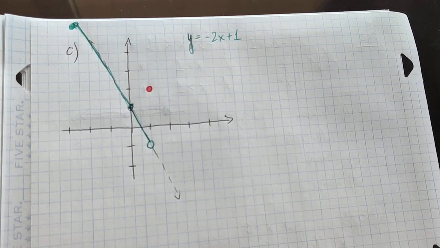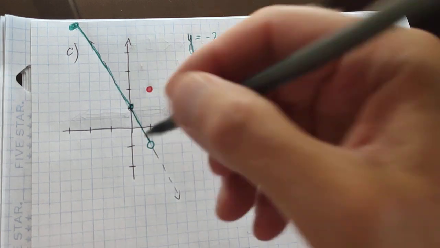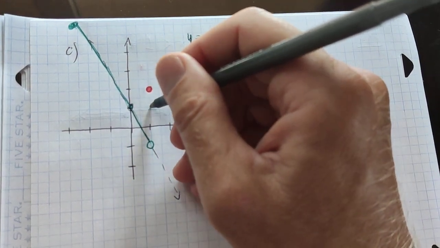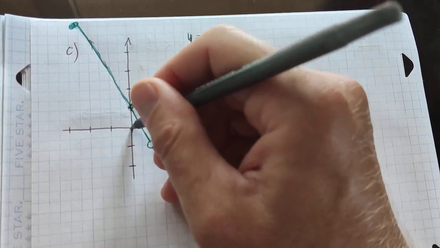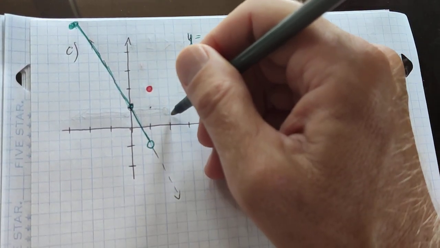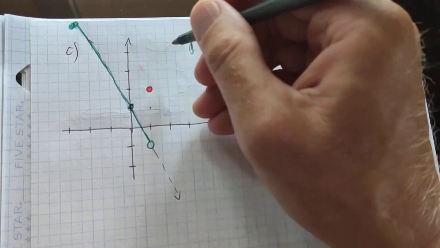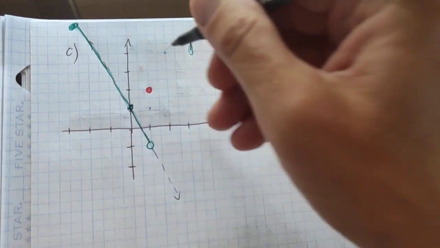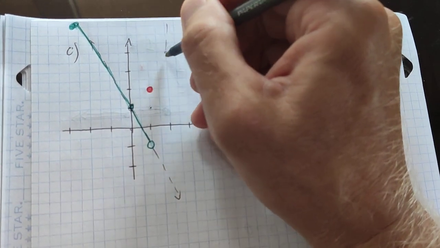Parabola, right, so for 1 you get 1, for 0 you get 0, and for 2 you get 4, so that will be here. Let me just graph it lightly.